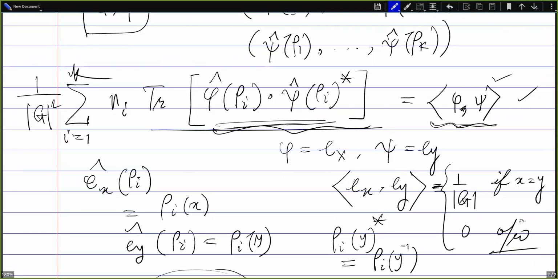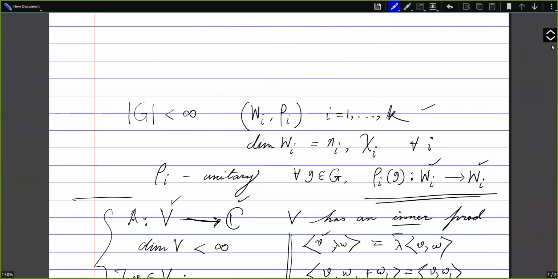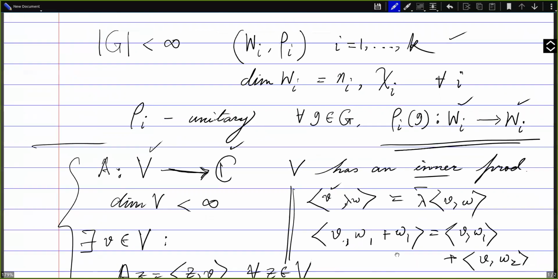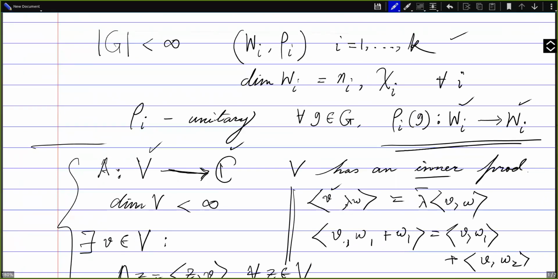I'll simply summarize what we have done. We started with a finite group whose representations are all there, and we assumed that all of them are unitary, and that's not a serious assumption.